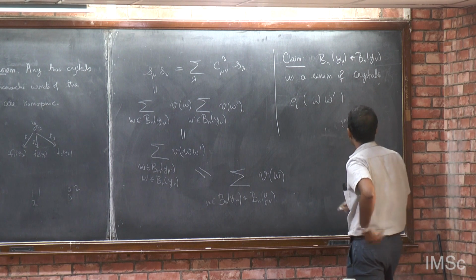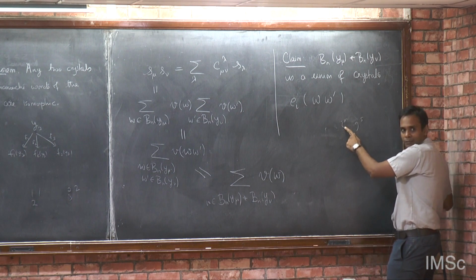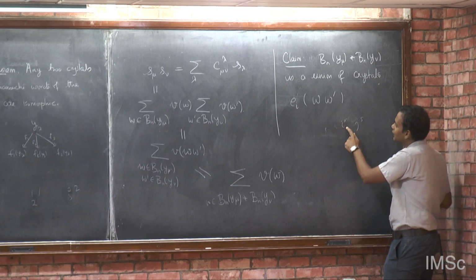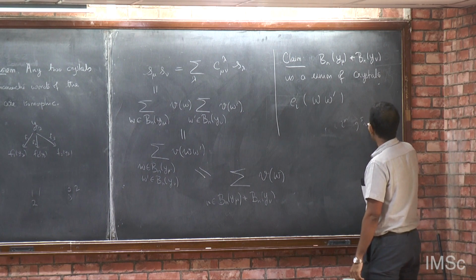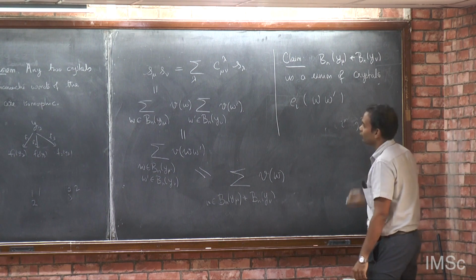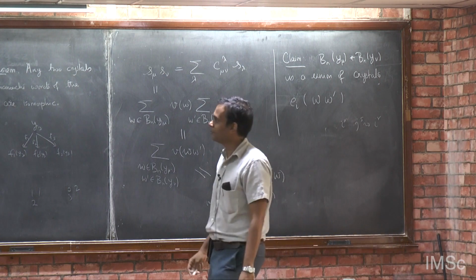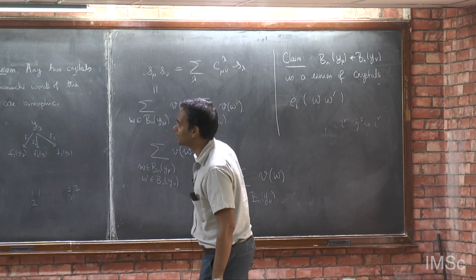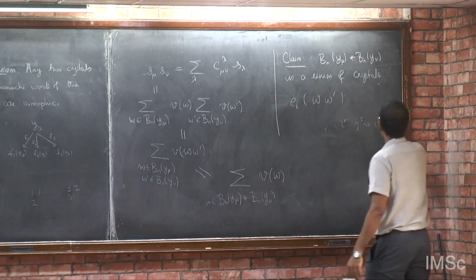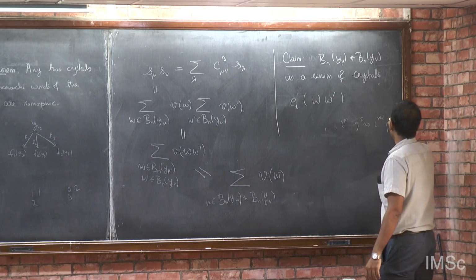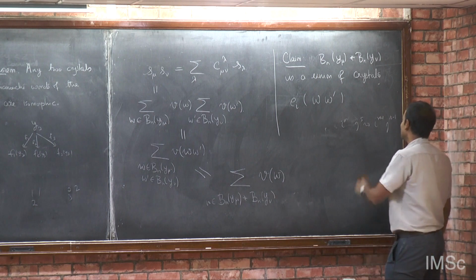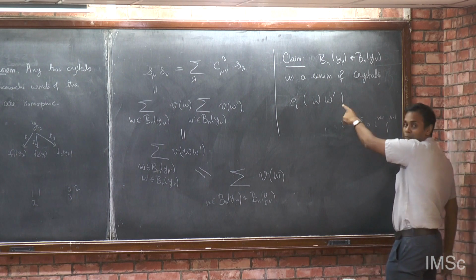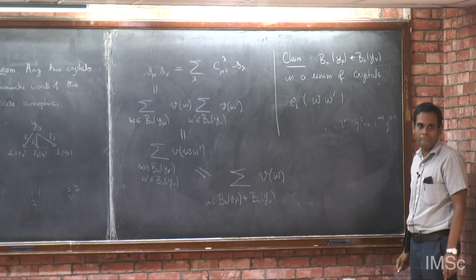Of course, these may not be next to each other. Then you will be changing this to i raised to, what is it, I'm totally dyslexic when it comes to this, r plus 1, j raised to s minus 1. So what I want to say is this operation either happens in W or in W prime.